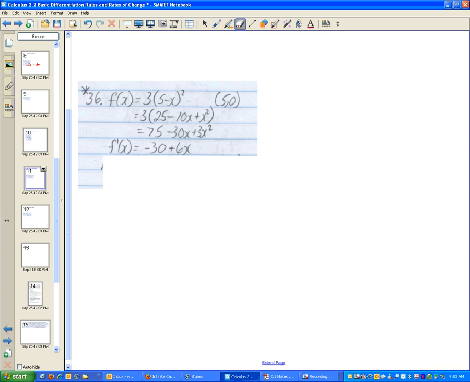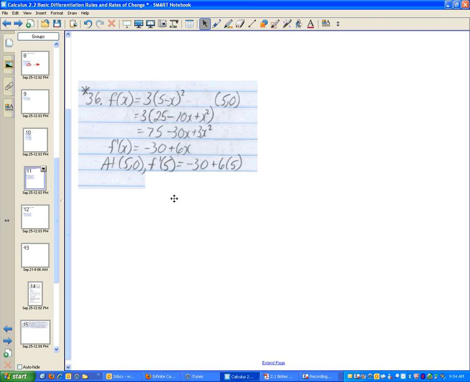So we found the derivative. And that's a good version of the derivative, isn't it? I guess maybe I'd rather have it written as 6x minus 30, but that's fine. Okay, what are we supposed to do with this? Find the slope at the point 5, 0. So f prime of 5 equals, well, you put in a 5 for x.